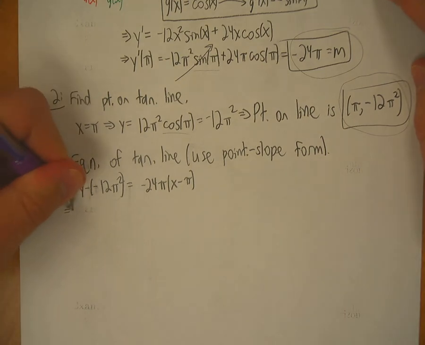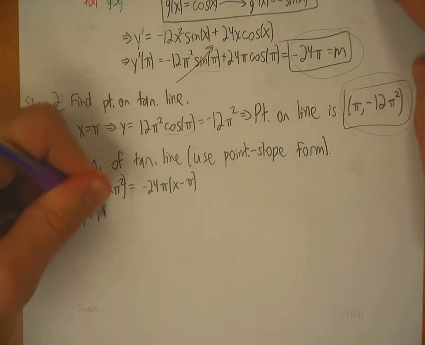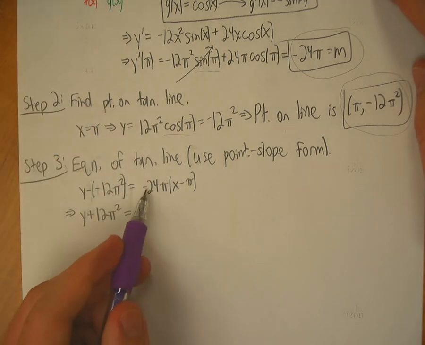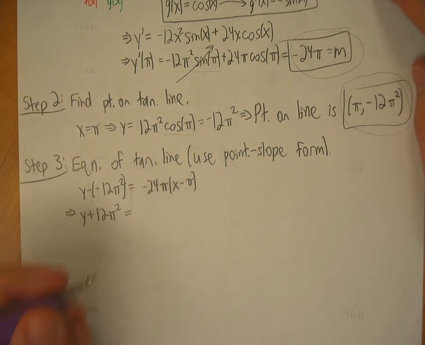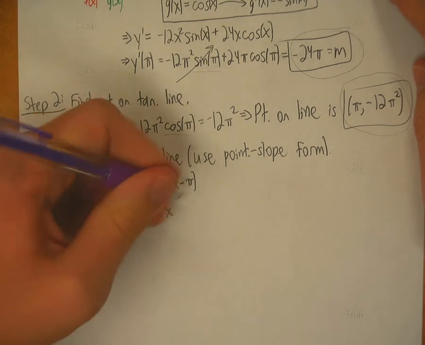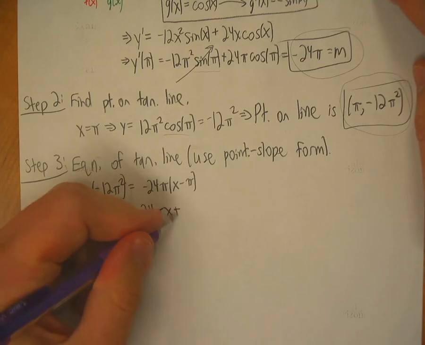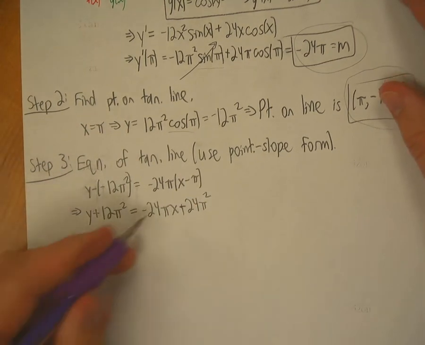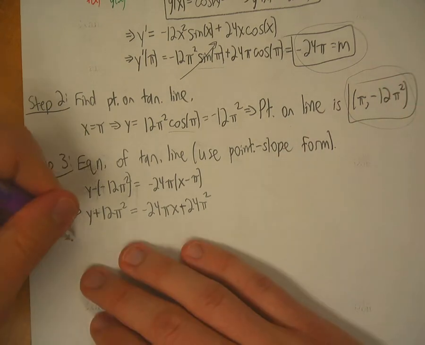So then you have y plus 12 pi squared equals, distributing negative 24 pi into the expression, negative 24 pi x plus 24 pi squared, just distributing everything in on the right-hand side.